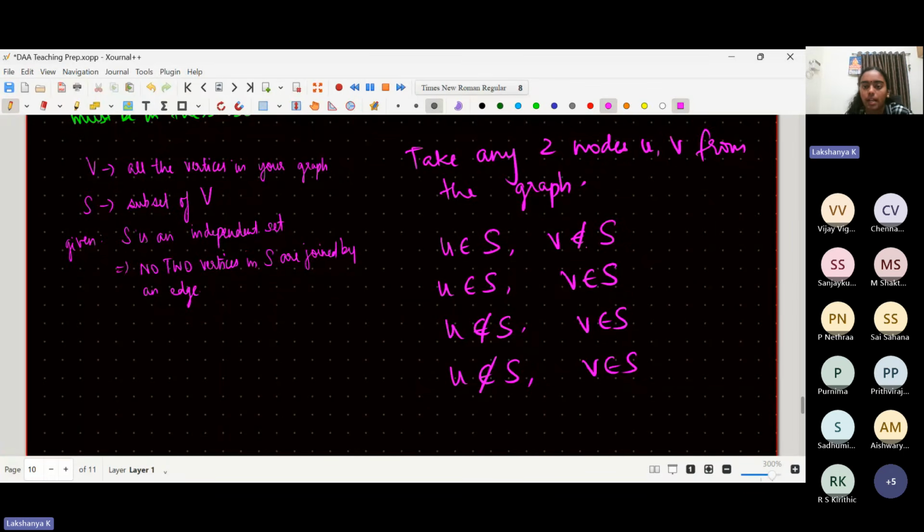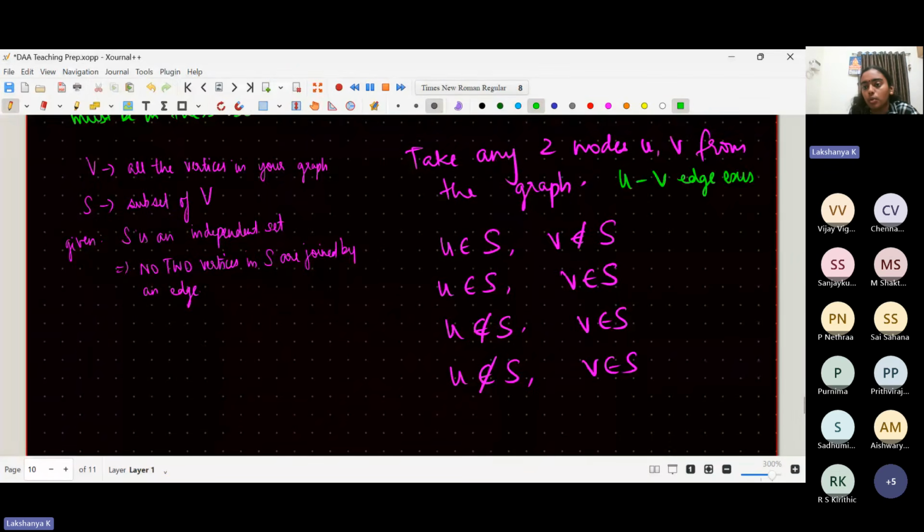Now, one thing I'm saying is there is an edge from u to v in the graph. I've kept this in mind while selecting the nodes. Now, is it possible for both u and v to belong in S, given there is an edge and given we have this condition?